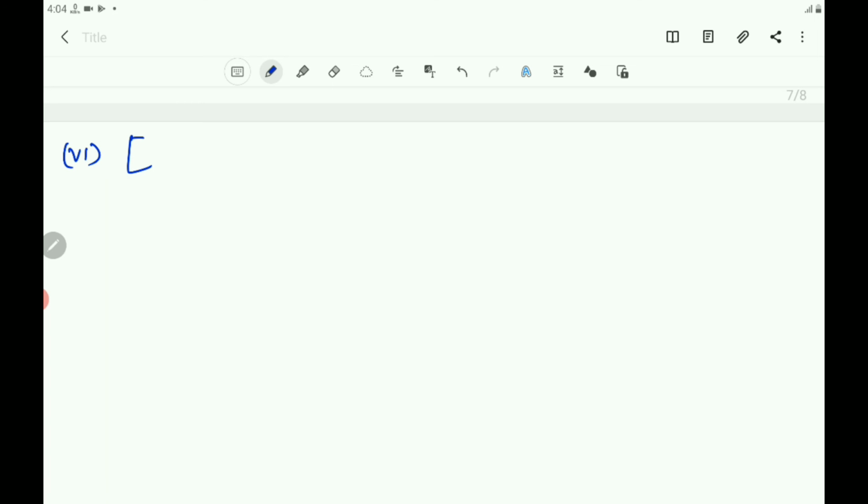Next one is (1/4 a - 1/2 b + 1) whole square. And you write it in the standard form, (1/4 a + (-1/2 b) + 1) whole square.